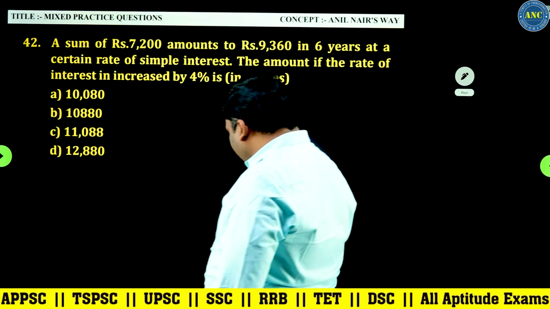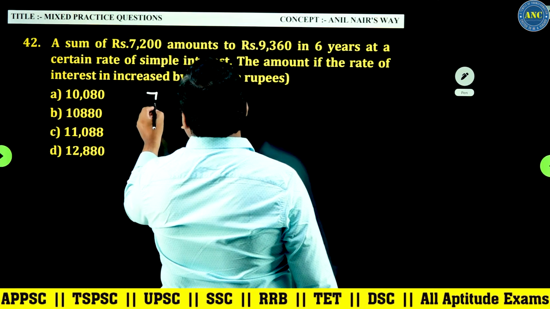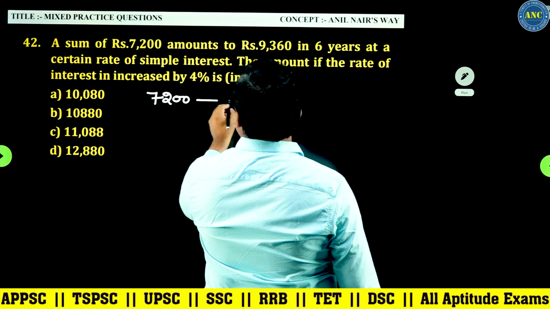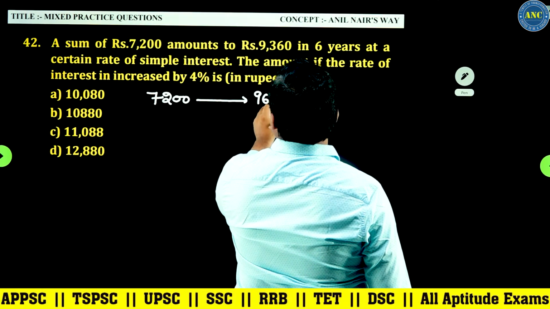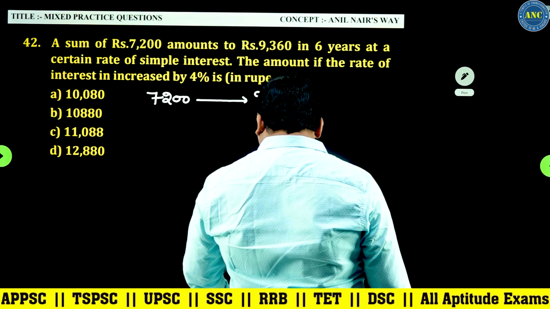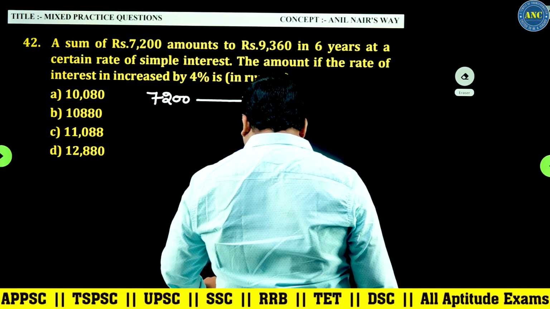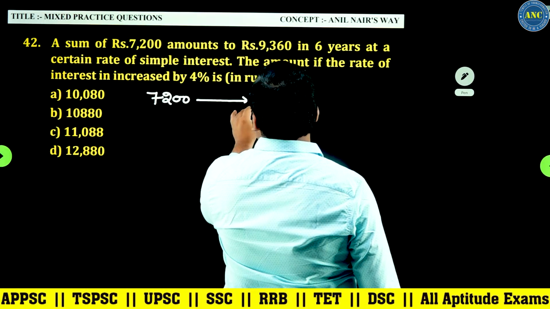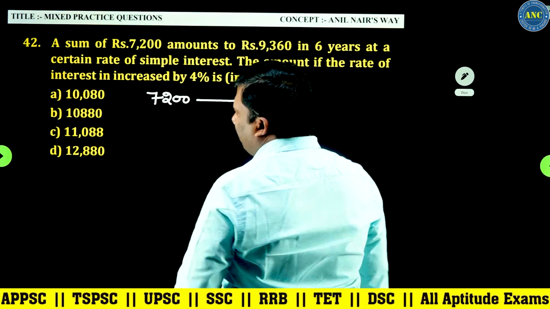A sum of 7,200 is becoming 9,360. In how many years?